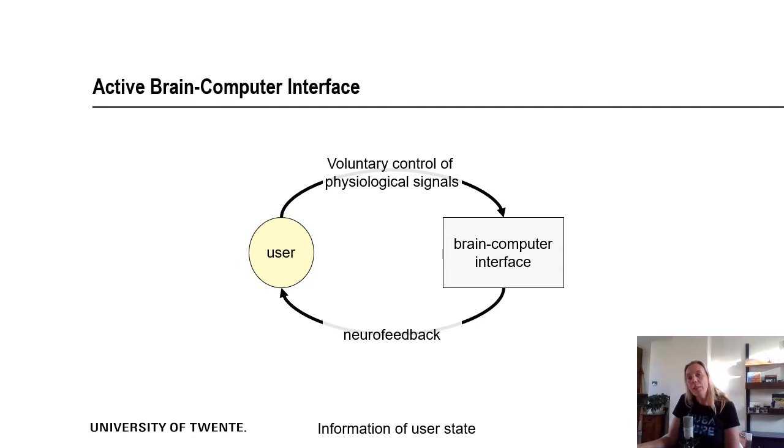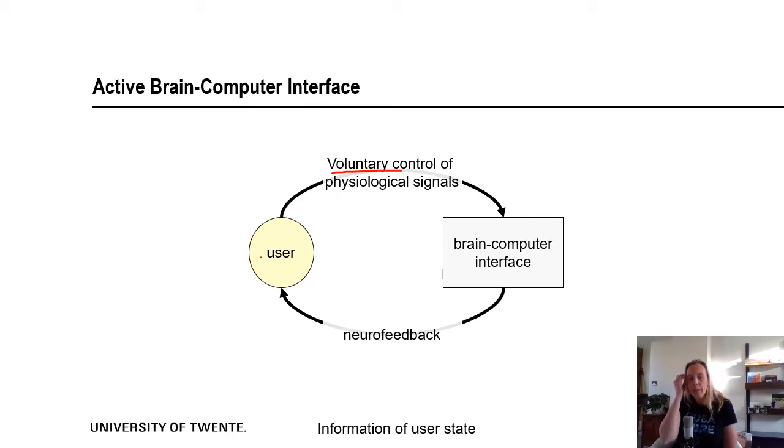Okay, let's look at the most traditional form of a brain-computer interface, which is an active brain-computer interface. It is the idea that a user produces voluntary control of the physiological signals.